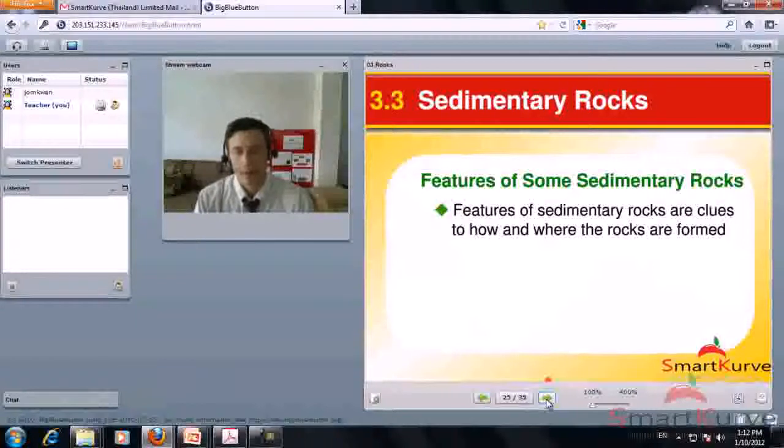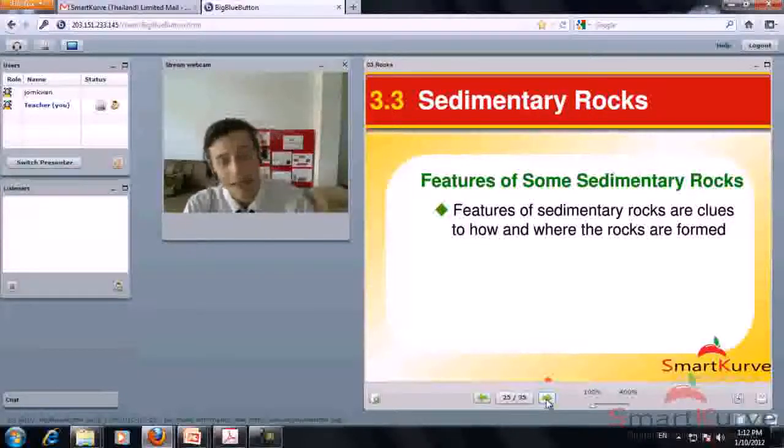Features of sedimentary rocks. Now the features of sedimentary rocks form clues to how and where the rocks are formed. When geologists look at sedimentary rocks, they can look at those different layers that were formed over thousands or even millions of years.